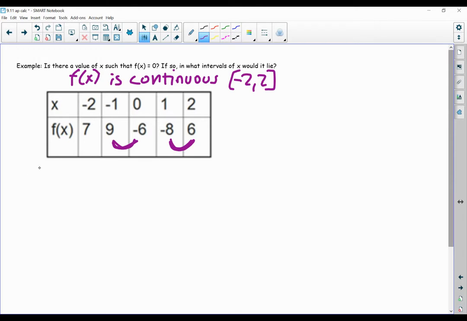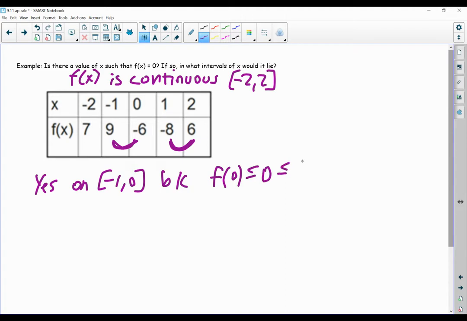So I'm going to say yes on -1 to 0 because f of 0 is less than or equal to 0, and that's less than or equal to f of -1. So what that's saying is 0 is sandwiched between -6 and 9. So you can think -6 was f of 0, and 9 was f of -1.